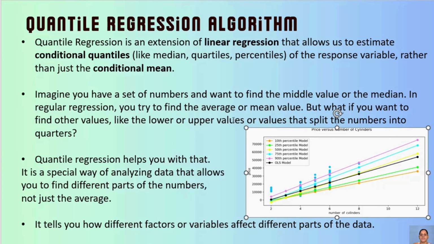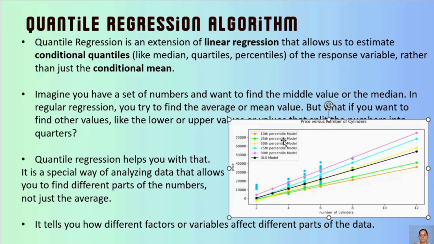You can see the same through this image: how it behaves at the 10th percentile, then the 25th, 50th, up to the 90th percentile, and the trend or pattern is going upward, increasing. With this, we are able to know the correct pattern of how the variable behaves with the different predictor inputs.